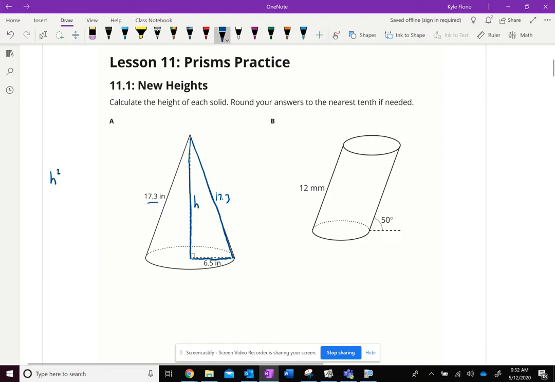So a squared plus b squared equals the hypotenuse squared. And then use the calculator. 6.5 squared, I think, is 42.25. And 17.3 squared is 299.29.